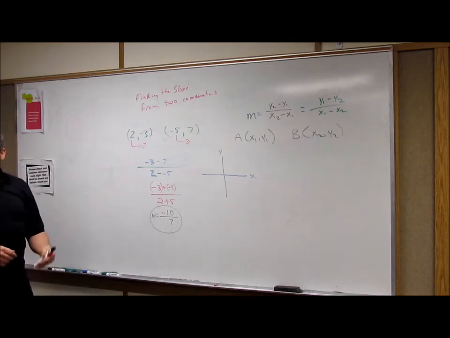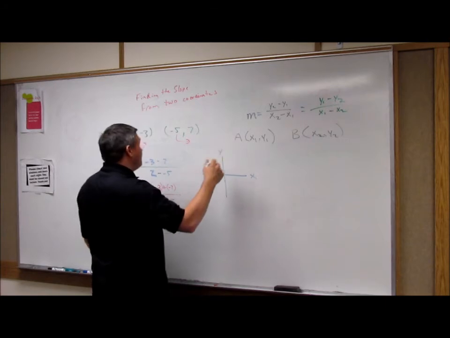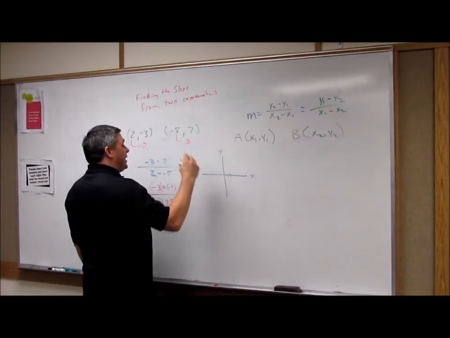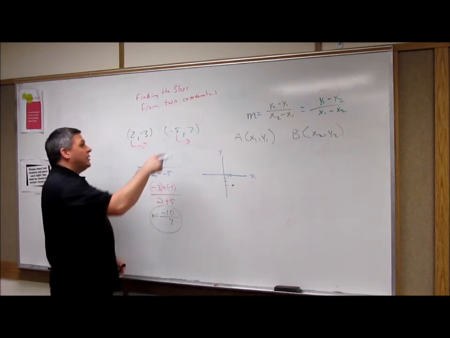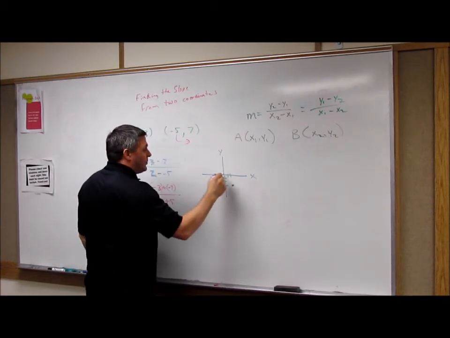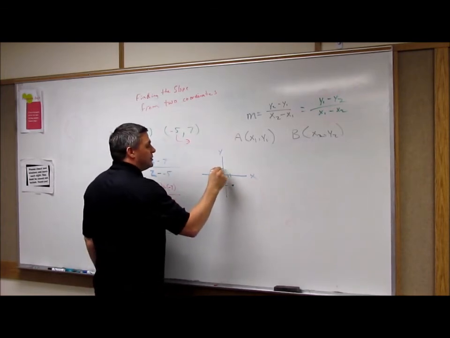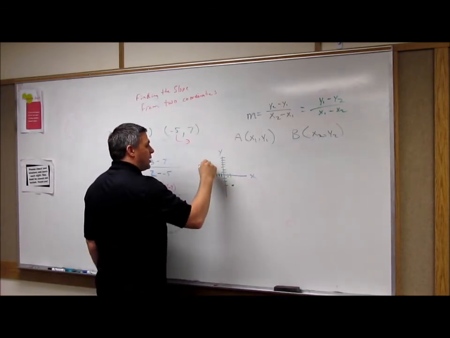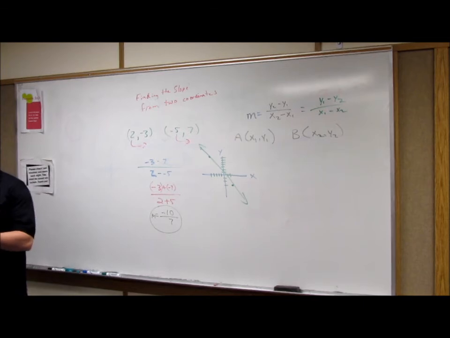Well, I can graph this because they gave me the 2 points: 2, 1, 2, and -3; 1, 2, 3, and -5; 1, 2, 3, 4, 5, and 7; 1, 2, 3, 4, 5, 6, 7. So there's my line.